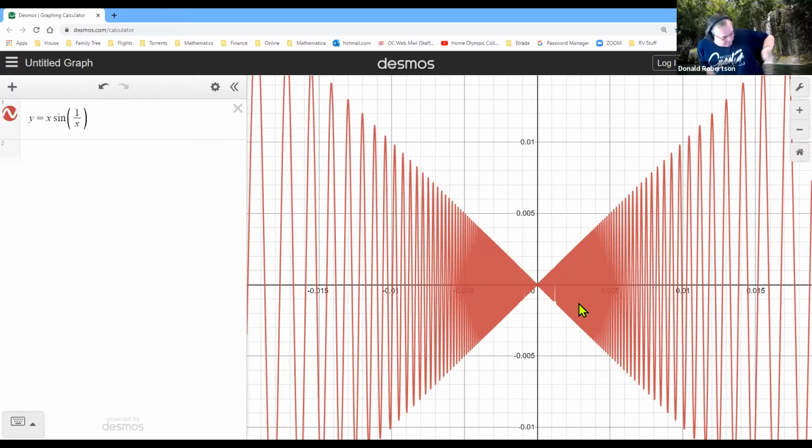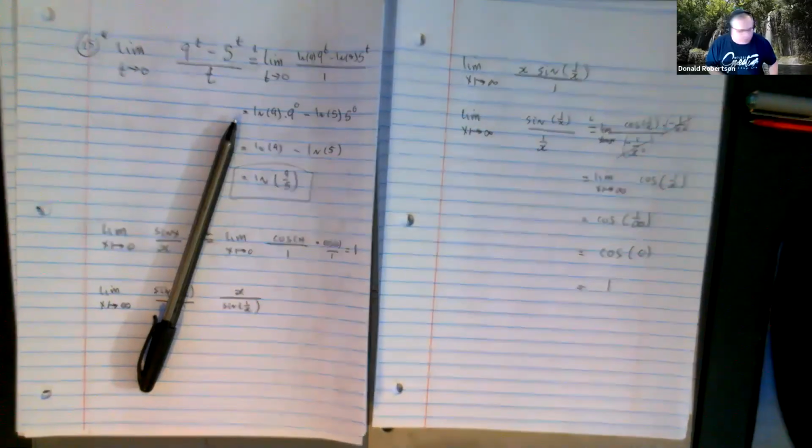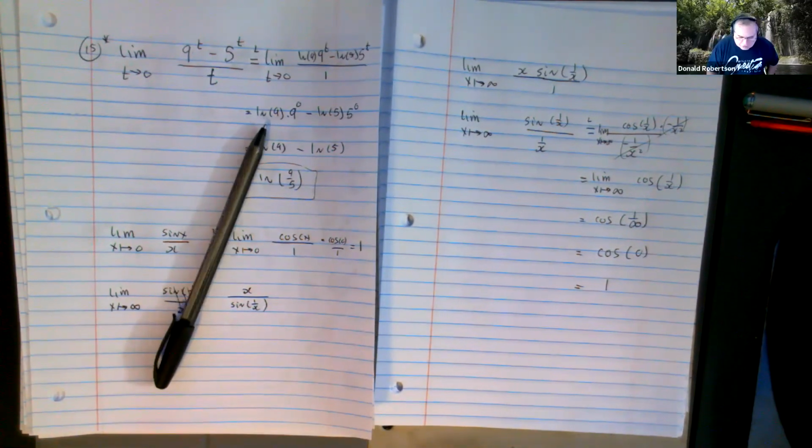You mean it's zigzagging, but isn't it getting closer and closer to the origin? Very weird function. Before L'Hopital came up with his trick, if you want to call it a trick, or his rule, it was very difficult to find the limits of those types of questions. Very strange functions.